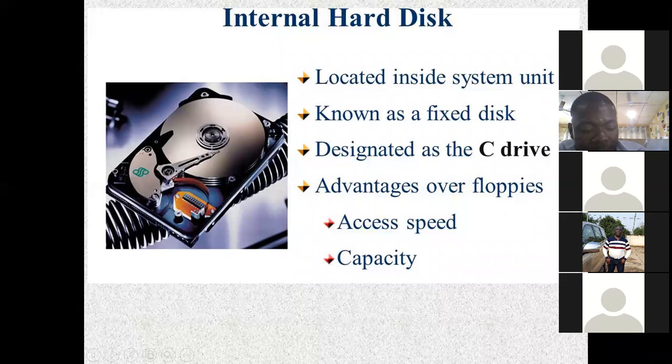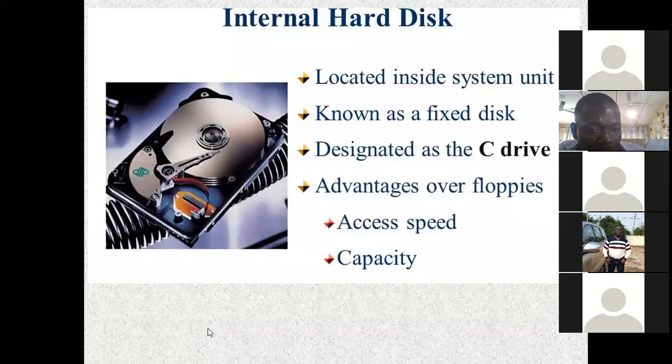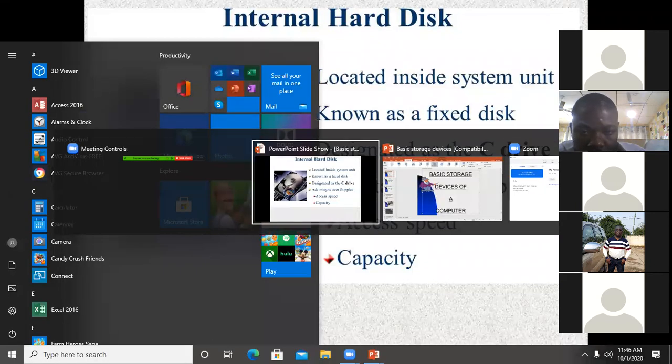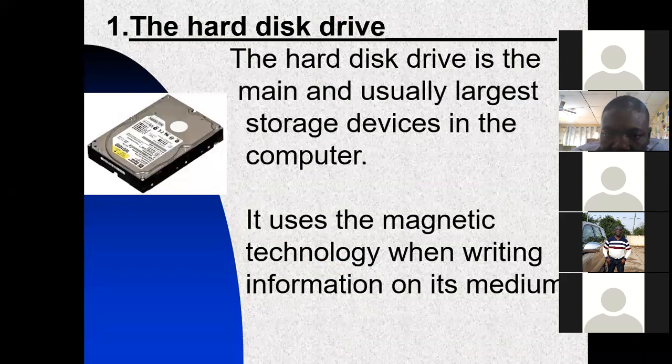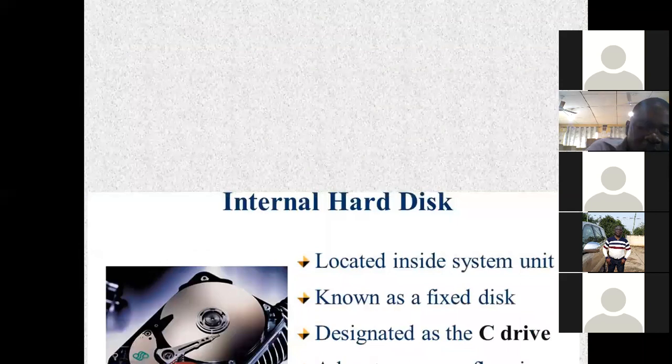Now let's look at something. So we can call it the fixed disk. Now the hard disk has a drive letter which is called drive C. What are drive letters? Who can tell me what a drive letter is? When we say drive letter, what is a drive letter?